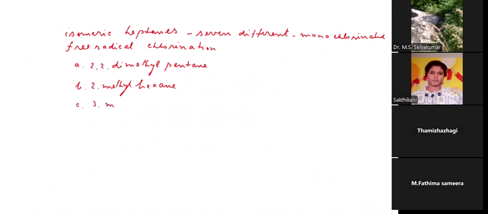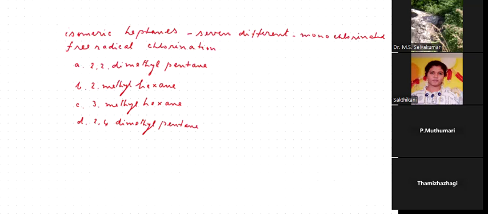It is also hexane, but the methyl group is attached in the third position. And the next compound is 2,4-dimethyl pentane. So all are isomeric. All are alkanes and all have 7 carbons. Among them, one hydrocarbon is able to produce 7 different monochlorine substituted compounds. We have to identify that.